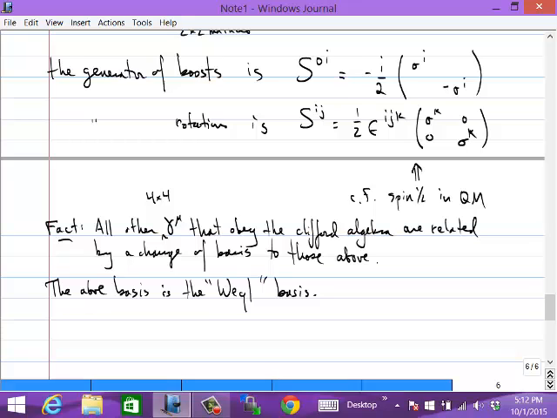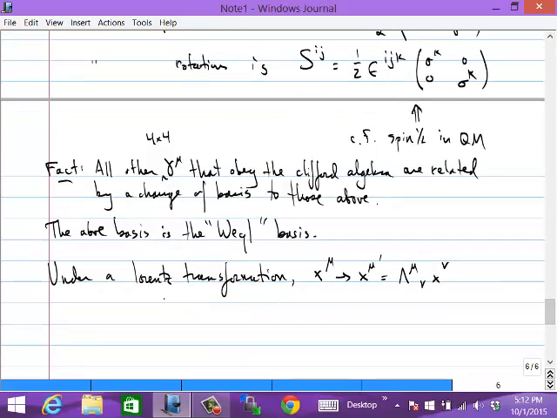So just to bring this full circle and to make everything very explicit, under a Lorentz transformation, that is to say a change of coordinates where x goes to some x prime, which is lambda mu nu x nu, where lambda is e to the I omega mu nu times those generators J mu nu, how does our spinor transform?